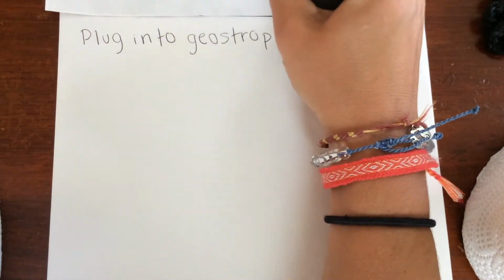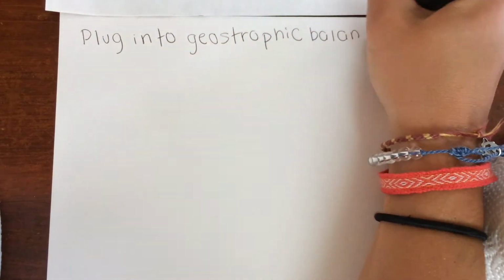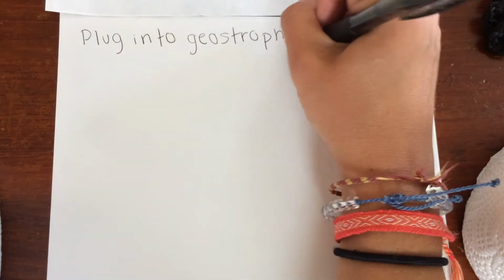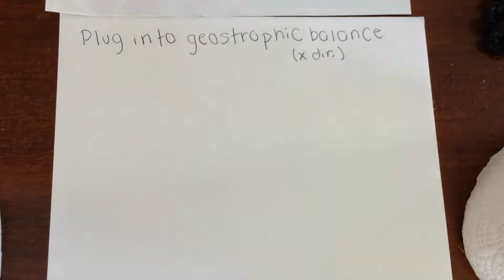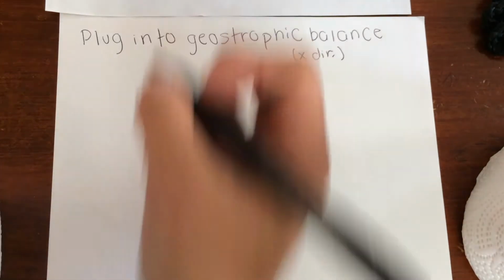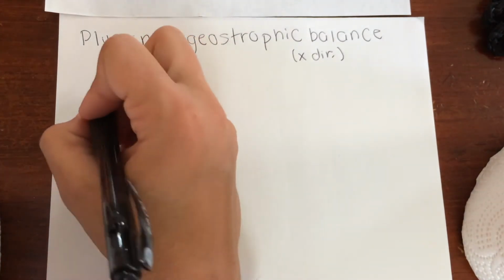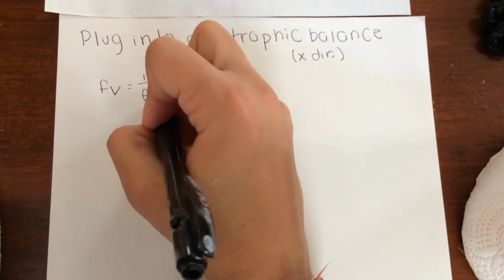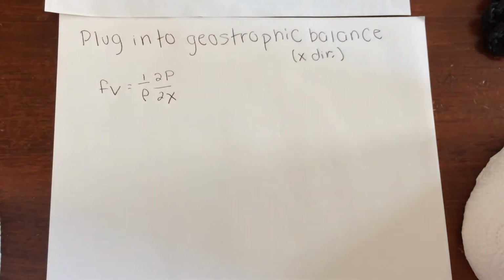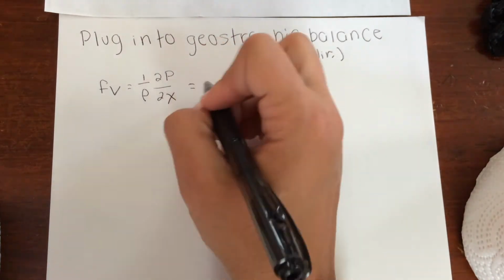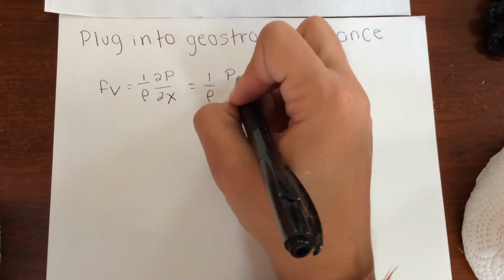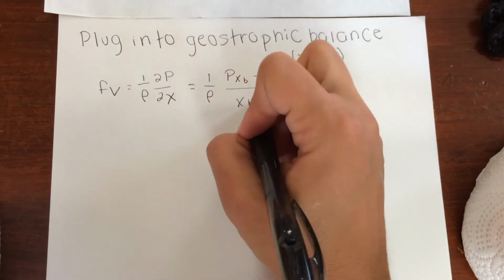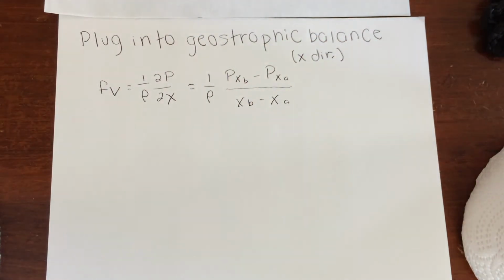We can now solve for velocity by plugging our pressures at xa and xb into the geostrophic balance. The partial derivative of pressure with respect to x can be approximated as the change in pressure in the x direction over the distance in which this change happened, or the distance between xb and xa.